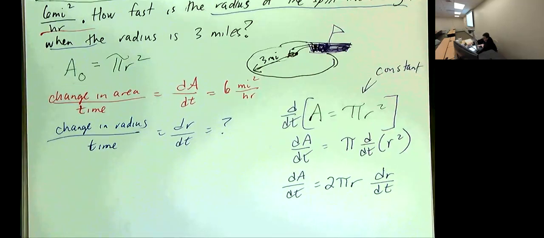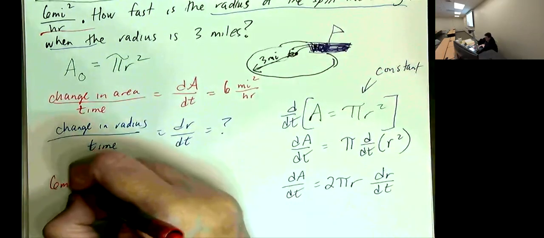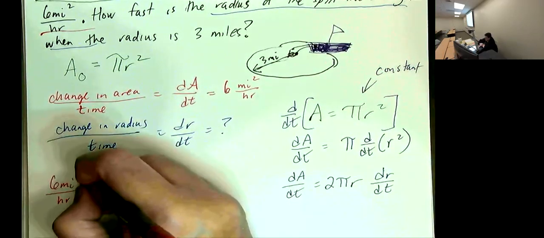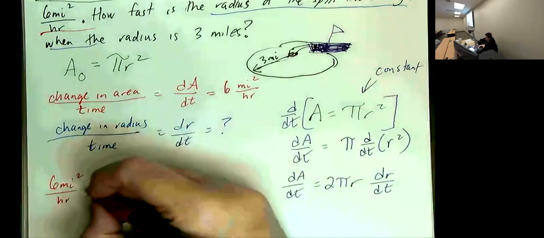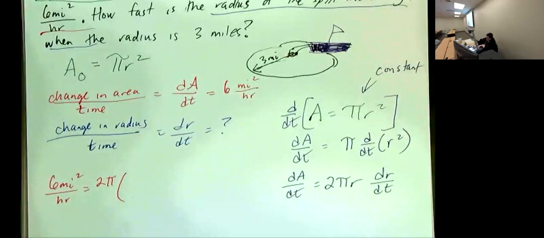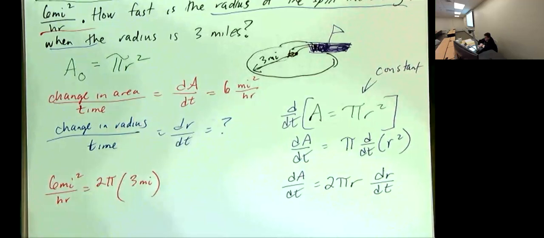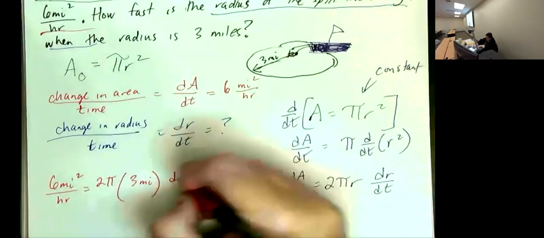All right, so we have a lot of information here. We know the left side is 6 miles squared per hour. Then we have 2 pi times the radius at that time, which is 3 miles. And we're looking for dr dt.